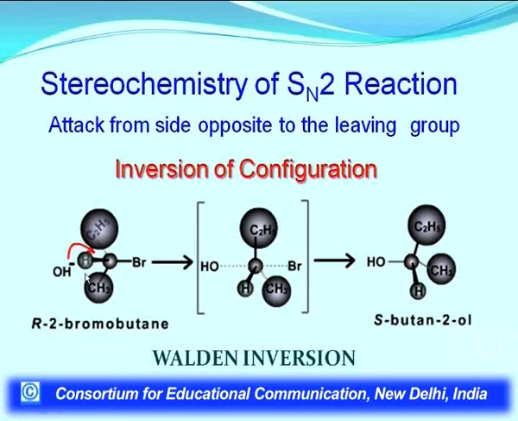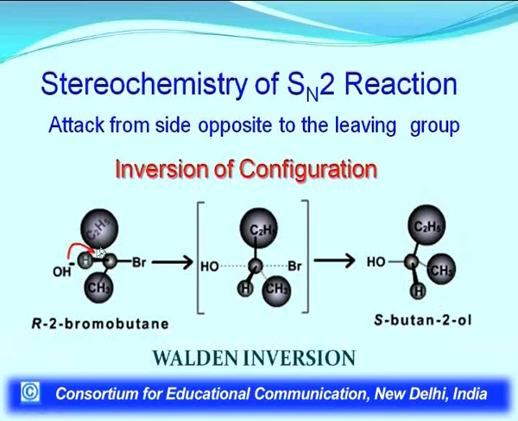We say that this reaction involves the inversion of configuration. Although the same molecule is not obtained, a group has changed. As in the case of R-2-bromobutane, we obtain S-butan-2-ol. So, what has happened?